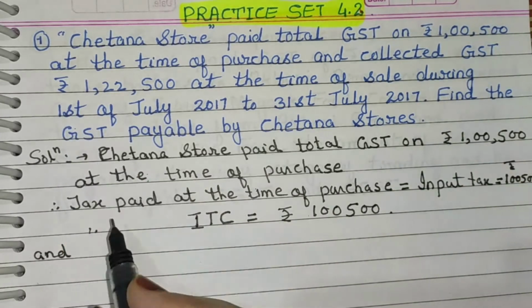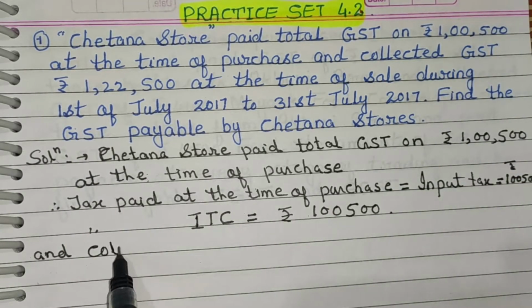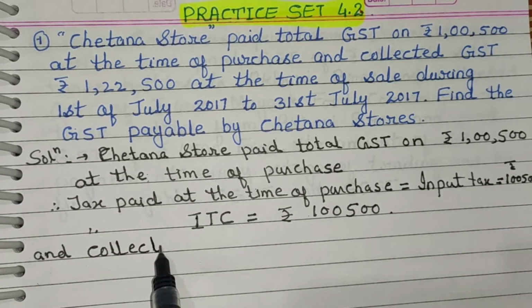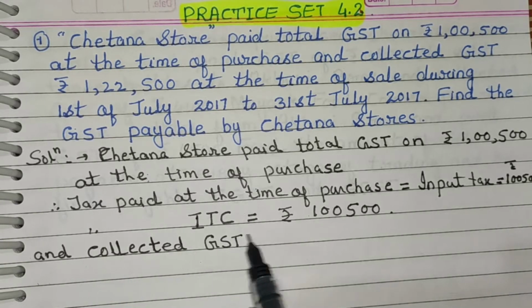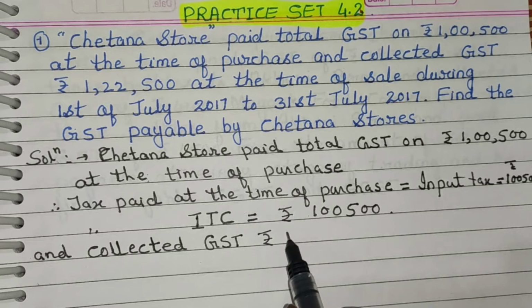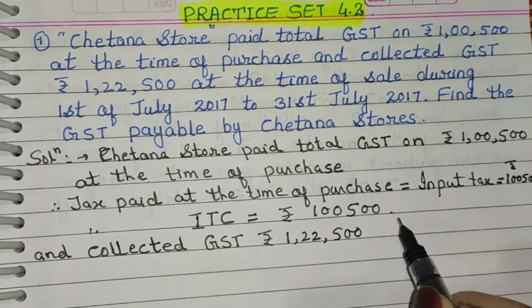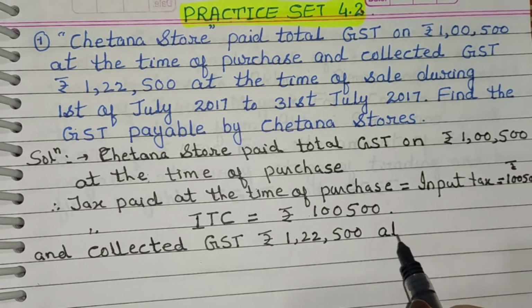Next sentence is, and collected GST rupees 1,22,500 at the time of sale.